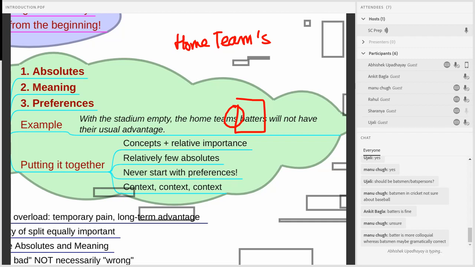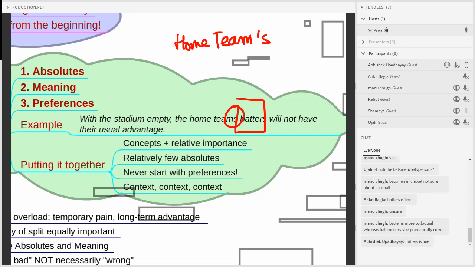Sharanya's facing an error in which she can hear all of you guys, but she can't hear me. So I'm not able to correct that error. But for now, we'll move on. Let's pick up where we left off.